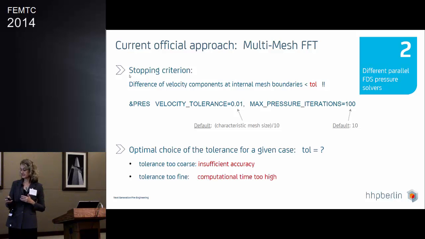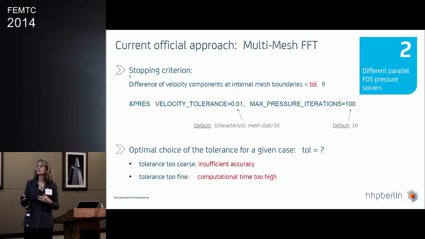If you don't specify anything, then some default values are taken. But it's not easy to find an optimal choice for this velocity tolerance at all. If you specify it too coarse, then you get insufficient accuracy. If you specify it too fine, then your computational time might be very high. So you have to find a good compromise there.